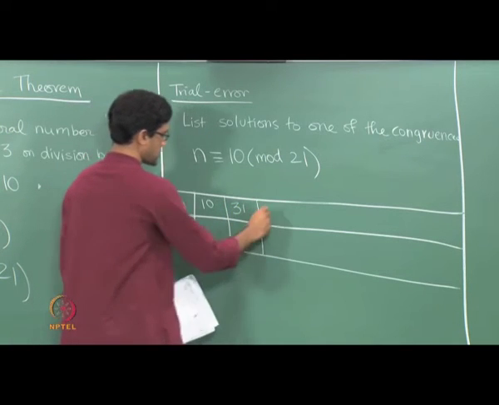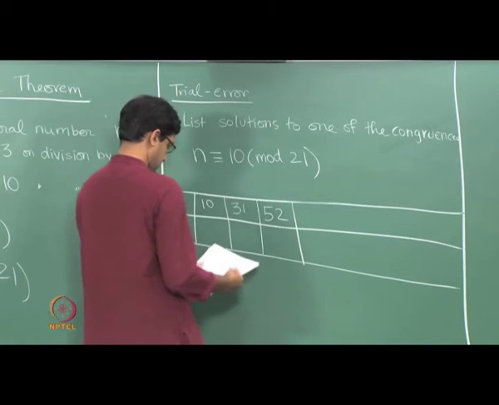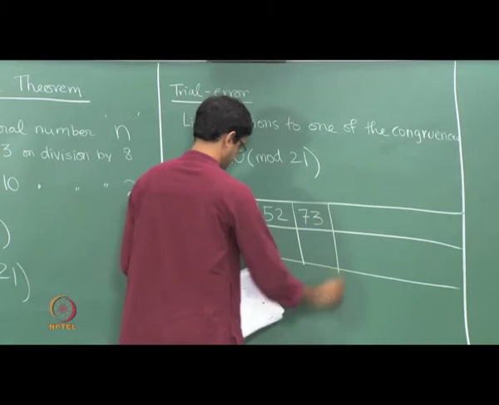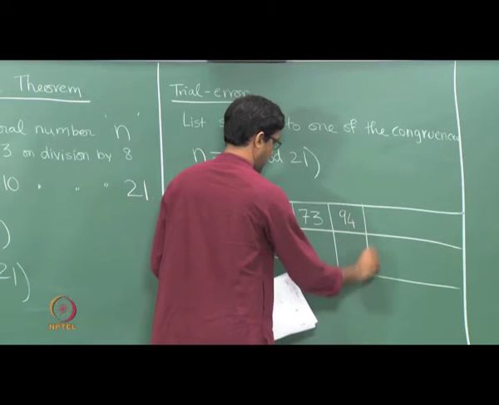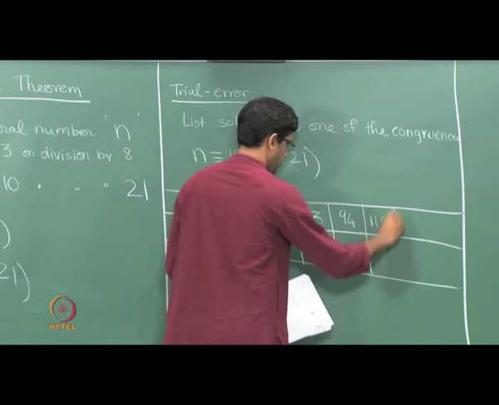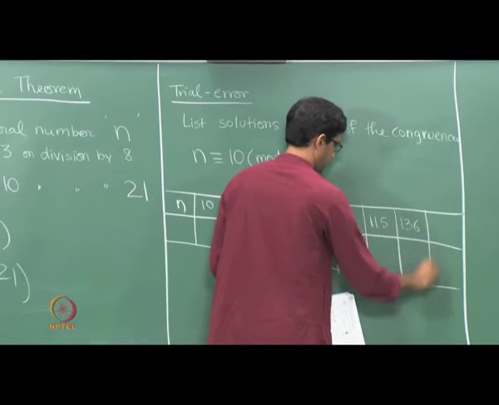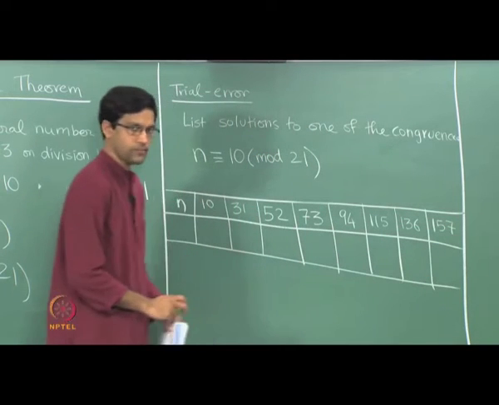I add 21 to this, I get 52, then I get 73, and so on. We write out a few more: 94, 115, 136, 157, and so on. The list keeps going on, but for now I'll stop there.